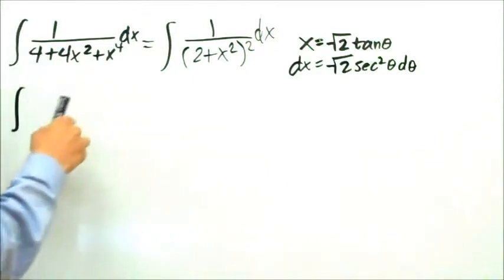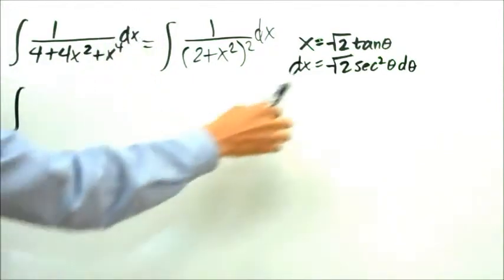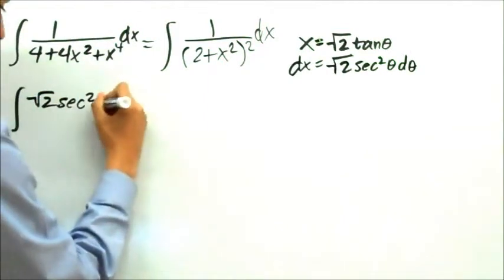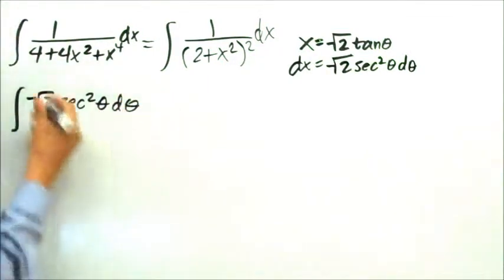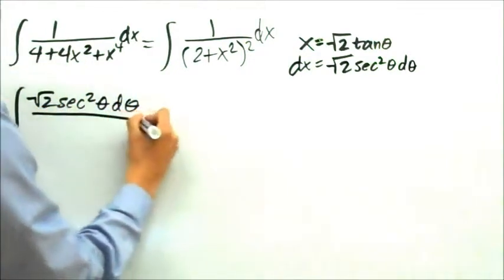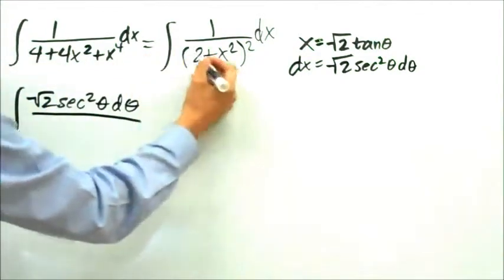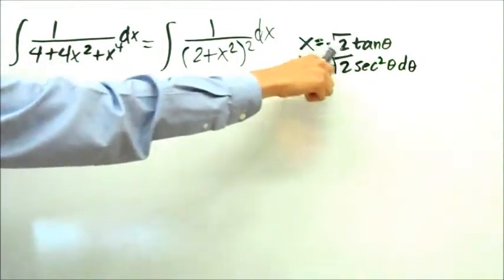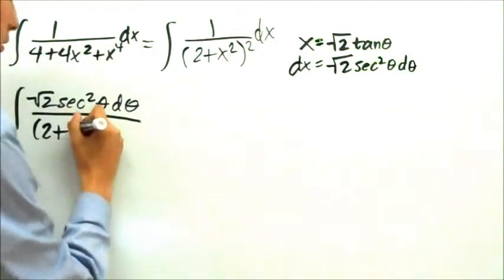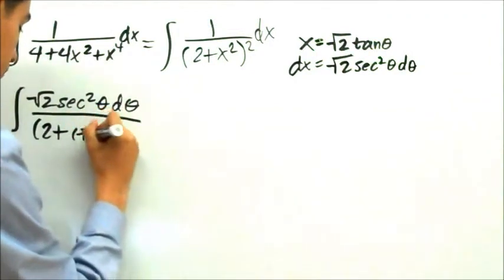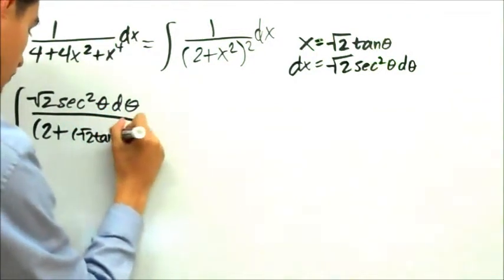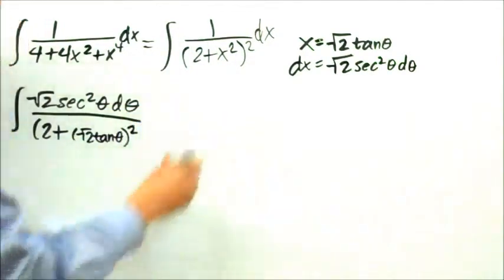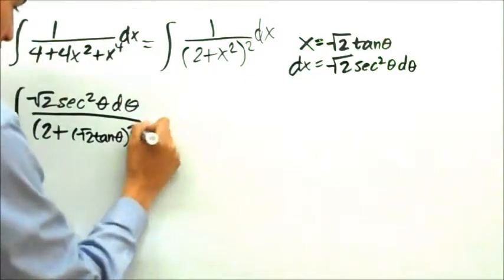So we have the integral of dx, which is root 2 secant squared theta d theta, over 2 plus x, well our x is root 2 tangent theta, and our x is squared, and our entire denominator is squared.